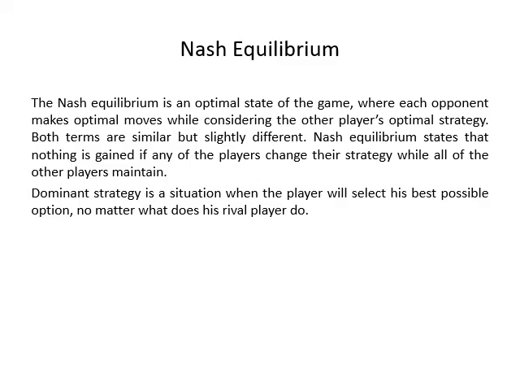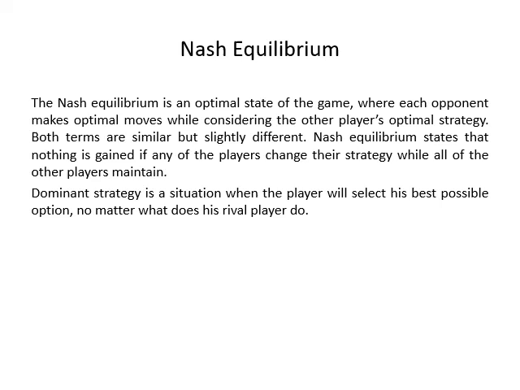The Nash equilibrium is an optimal state of the game where each opponent makes optimal moves while considering the other player's optimal strategy. Both terms are similar but slightly different.